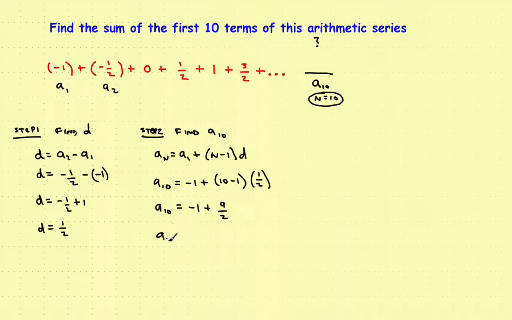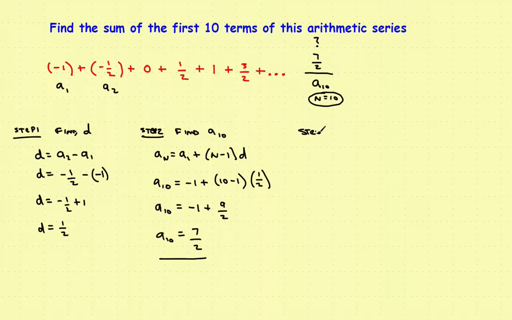And then that gives me a sub 10. This would be -2 halves plus 9 halves, which would give me 7 halves. So I now know that the 10th term is 7 halves, and I'll go ahead and write that up here. So now I'm ready for the third step to find the sum.